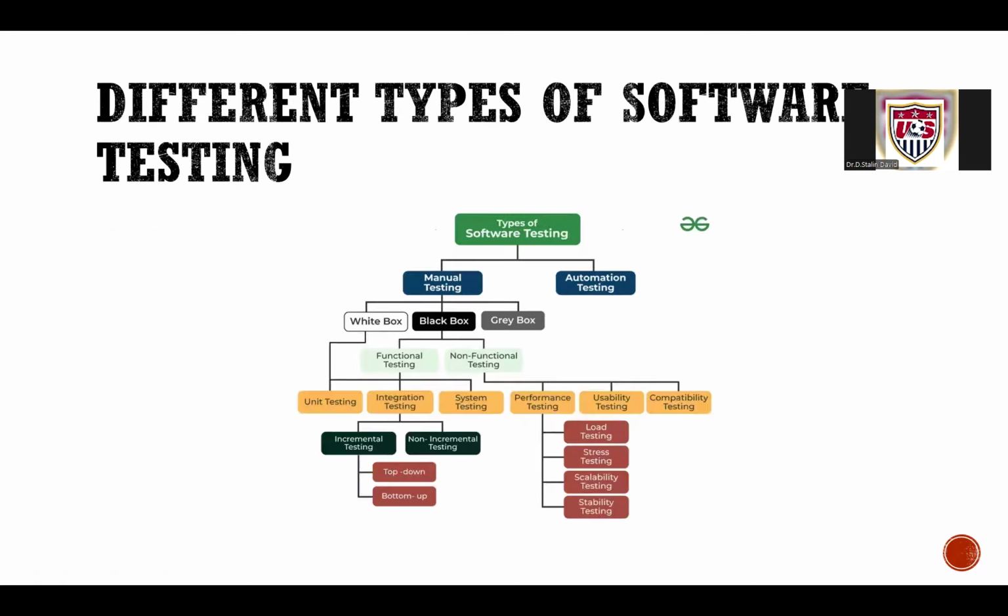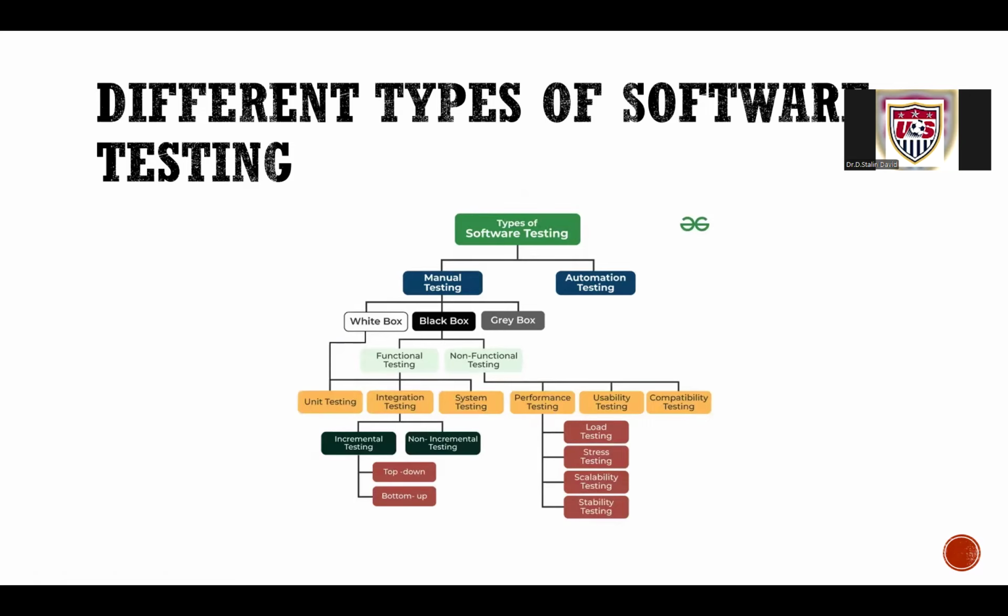There are different types of software testing available, each designed to validate a specific aspect of an application such as functionality, performance, security, and usability. Today we will explore the main types of software testing, their purpose, and their role in the real-world development process.